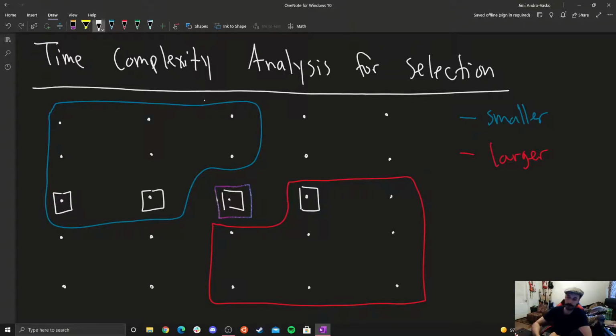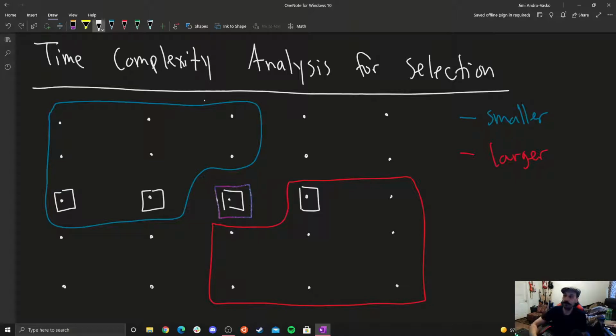So all these elements right here are obviously smaller, and these two are smaller than this element right here. Therefore, these are all going to be smaller than that median. Same idea for the rest of these blocks. So we can definitely conclude that these are the bigger and smaller elements.